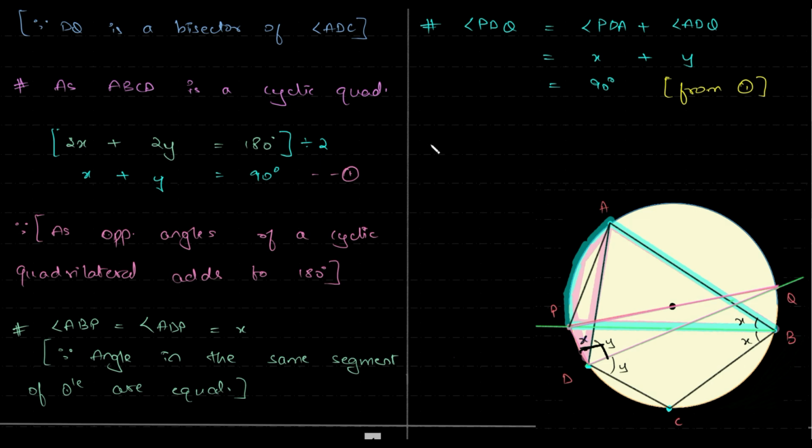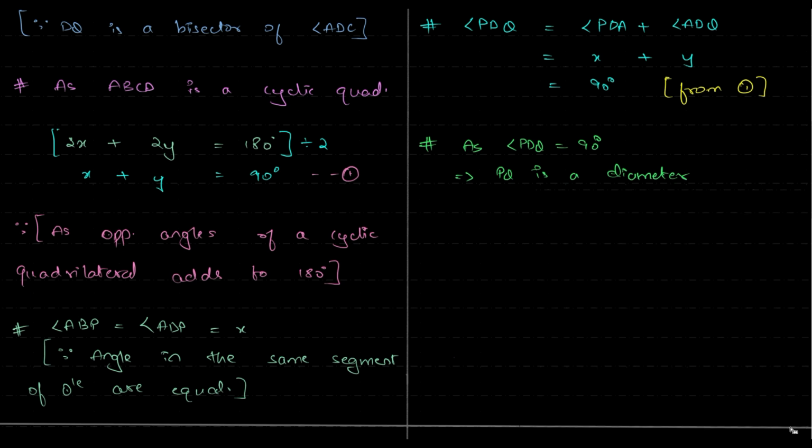One last thing is we need to prove that PQ is a diameter, as angle PDQ is equal to 90 degrees. This implies PQ is a diameter, because only a diameter will subtend an angle of 90 degrees with the circumference of the circle, is it not?